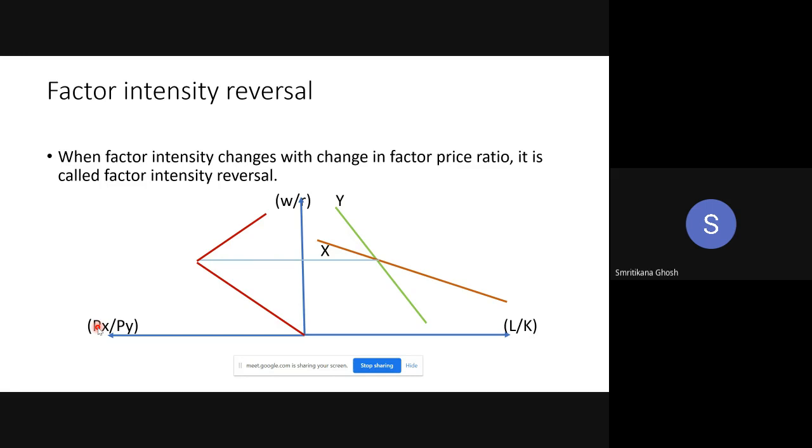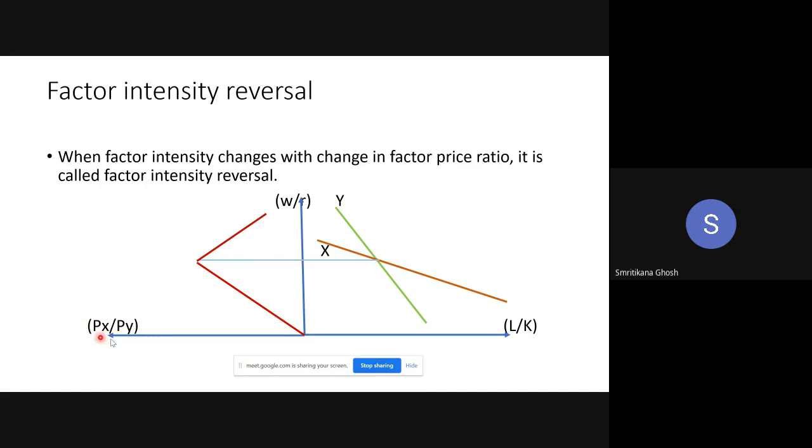W may rise, but R is rising faster than W. So W by R is falling. Do you get the point? W by R is falling because the change of R is more than the change of W.